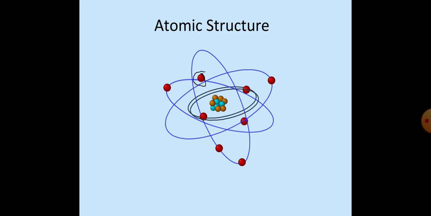So yung mga free moving dyan sa orbits, they are the electrons, and yung nasa loob nito, so it's called the nucleus, and inside the nucleus we have the proton and the neutron. Okay, so of course the blue line here, yun yung orbitals natin. Okay, so yan yung mga nasa atomic structure natin. So later on, we will discuss why it is important na alam natin kung anong nasa atomic structure. Okay?